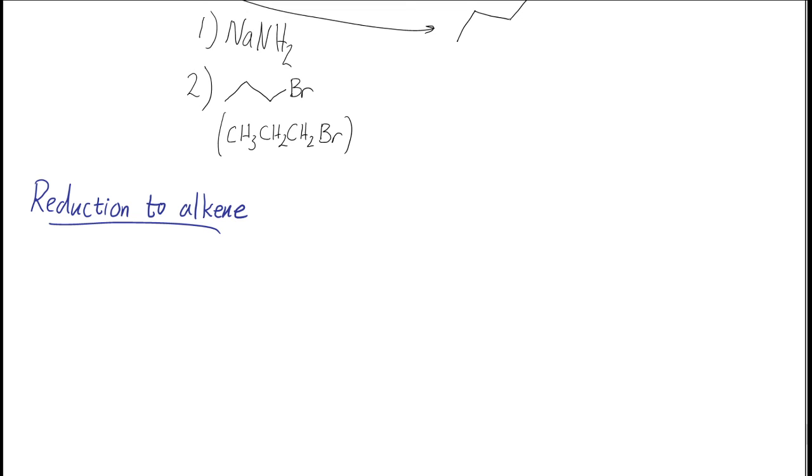We mentioned before when we looked at reduction that if you try to reduce a triple bond with hydrogen and a palladium catalyst, you're always going to go all the way down to the alkane. You add all the hydrogen you can, and you don't have any triple or double bonds anymore. But there is a way you can use a catalyst that is less strong and limit it, because an alkyne, the triple bond, is more reactive than an alkene, the double bond. So you can use a catalyst that's less powerful, and you can force it to stop at the double bond.